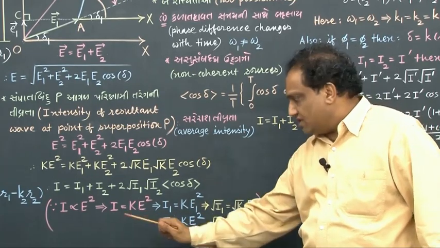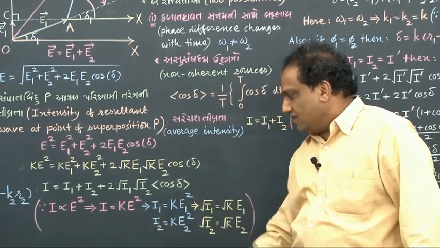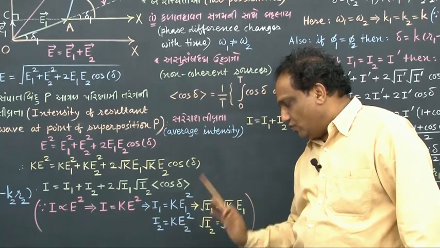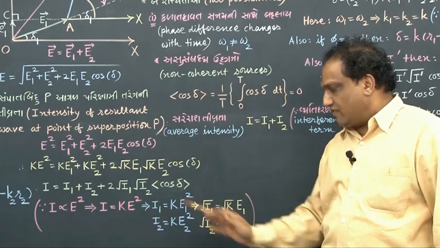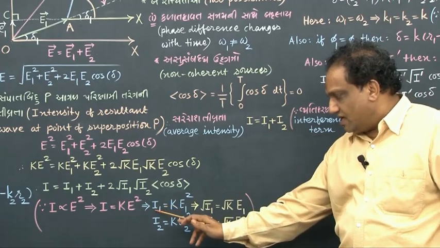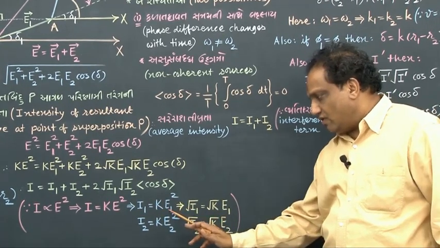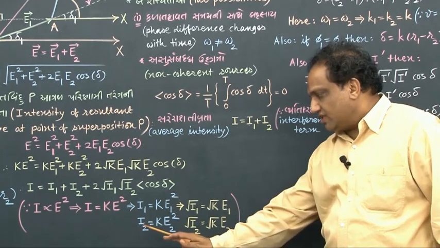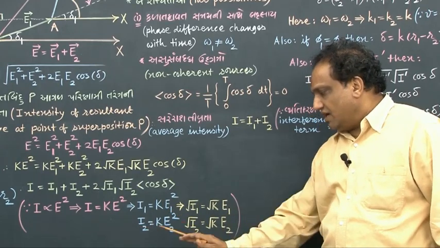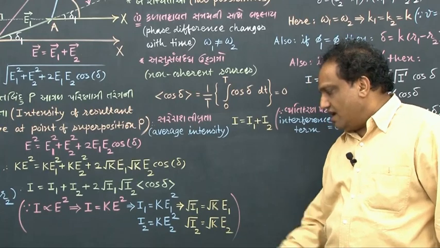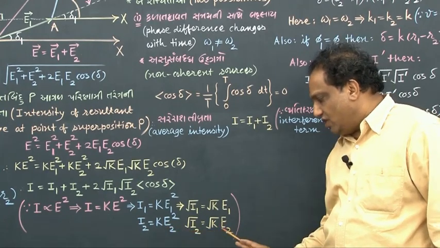For the second wave, instead of I you write I2, instead of E you write E2. Now take square root: under root of I1 equals under root of K into E1, and under root of I2 equals under root of K into E2.